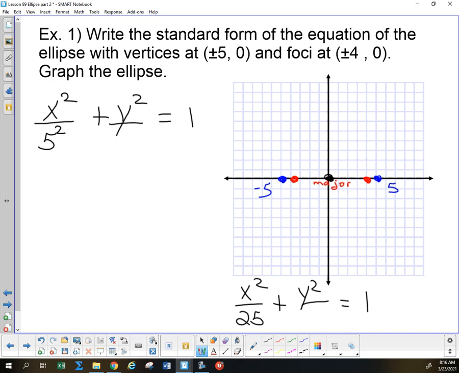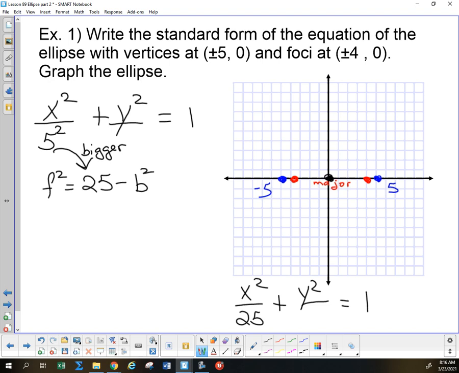I'm going to do that with the formula that we just had, that f squared is the big denominator minus the small denominator, and that's important because I know this has to be my major axis. The x denominator must be the bigger one. I don't really care which letter you use, a squared, b squared, or whatever.